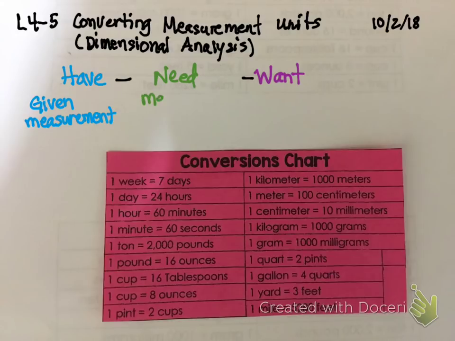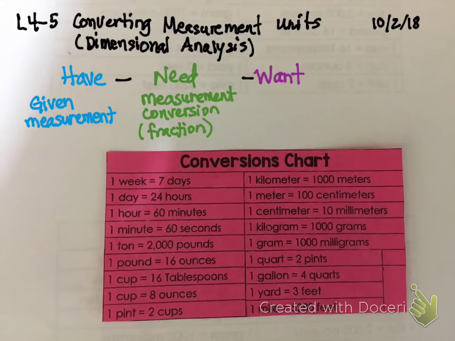The measurement conversion. Now, the thing about this measurement conversion is we're going to write it as a fraction. And in our examples, you're going to see that the label I want is going to go on top, and the label I want to get rid of is going to go on the bottom.